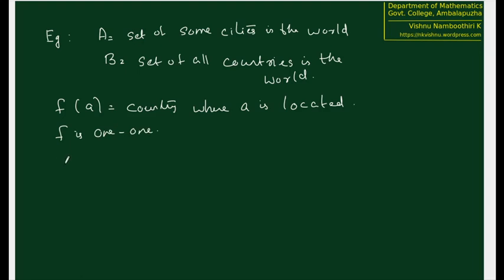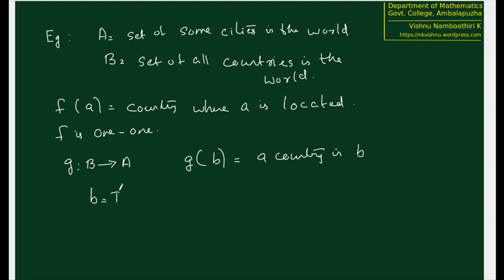But on the other hand, suppose that we are defining g from B to A as g of b, that means a country, equal to a city in A. This definition is actually not going to be even a function, because suppose, for example, country b is equal to India.